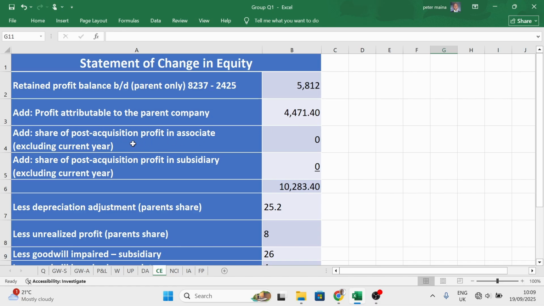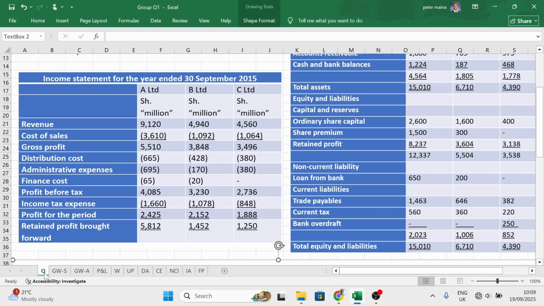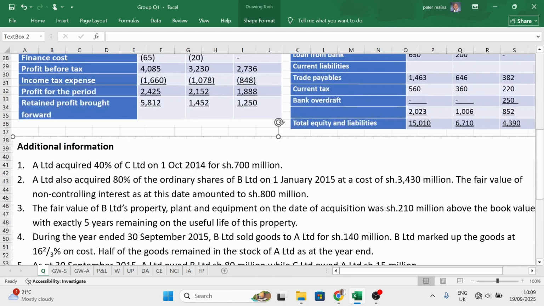As for the associate, if you want to know whether they have any other post-acquisition profit except the one included in the current year, just check the date of acquisition. If you go to the question, point number 1, you will see that the associate was acquired on 1st October 2014. This is the beginning of the current financial year.